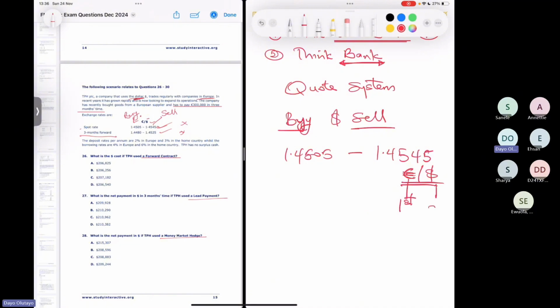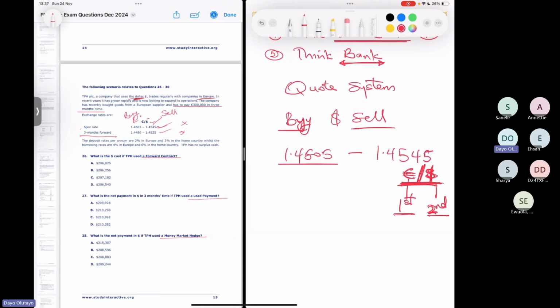The one at the back is automatically the second currency. Whatever you are doing in this financial risk chapter, whether it's interest parity or purchasing power parity, the currency they are writing first in the quote system, not in the narration, in the quote system, something slash something, whatever they are putting first is your first currency. The one after the slash is your second currency. That's the first thing you need to learn.